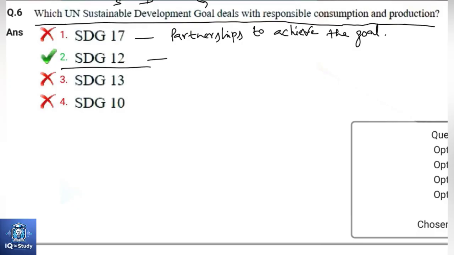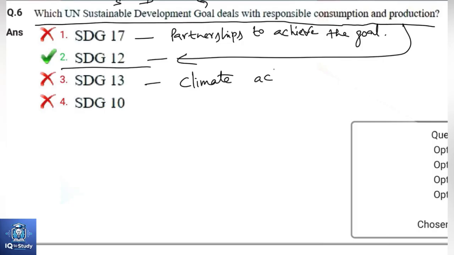And SDG 12 is for responsible consumption and production. SDG 13 is climate action. And SDG 10 is reduced inequality.